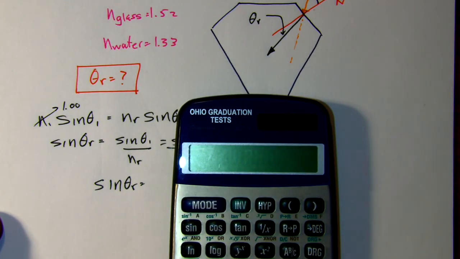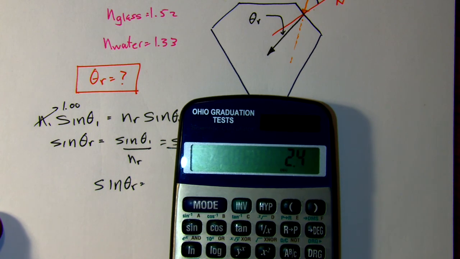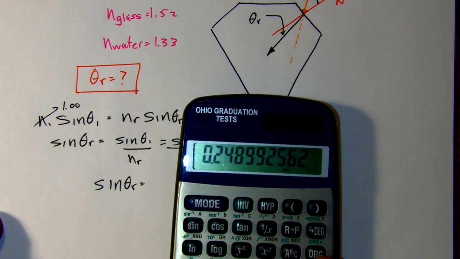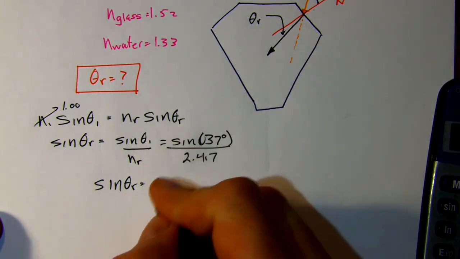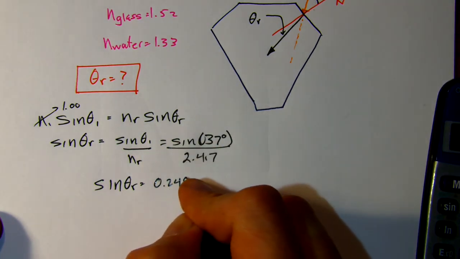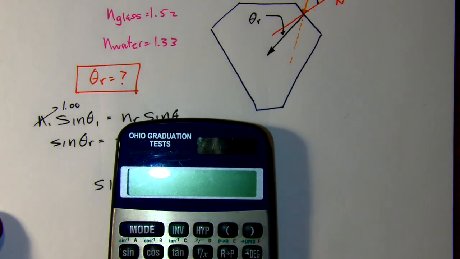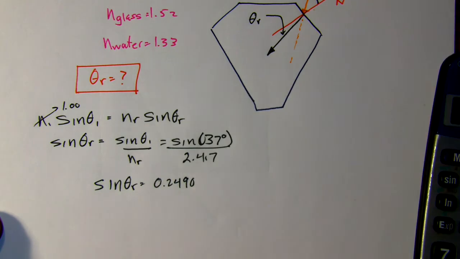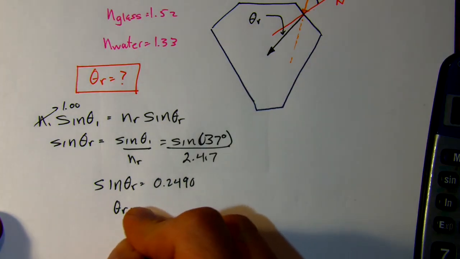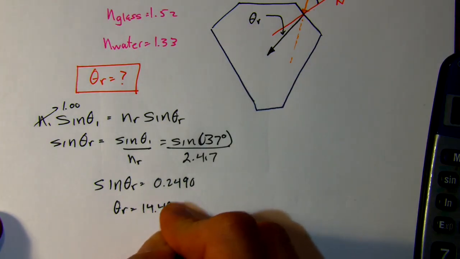Sine 37 divided by 2.417 gives us 0.2490. Okay, the inverse sine of that is 14.4 degrees. Okay, so theta refracted equals 14.4 degrees.